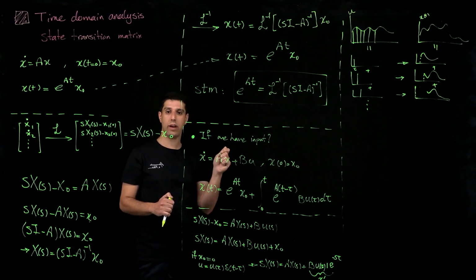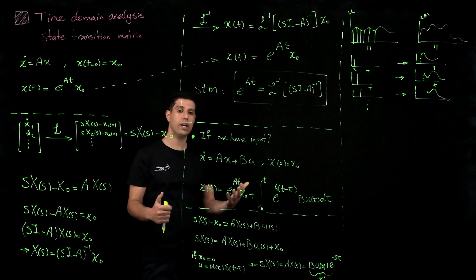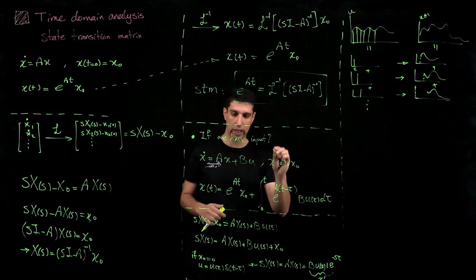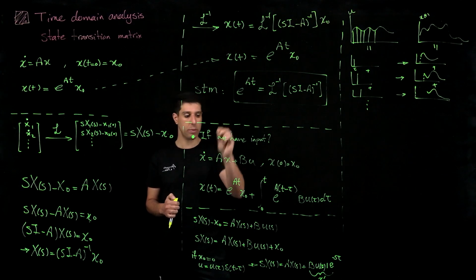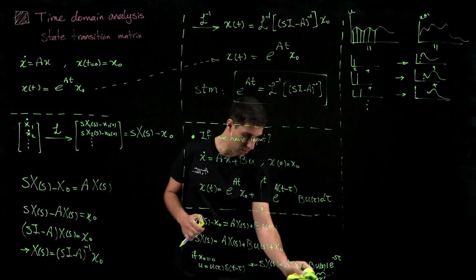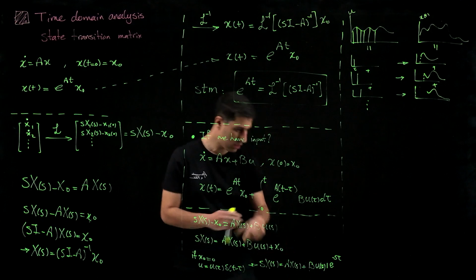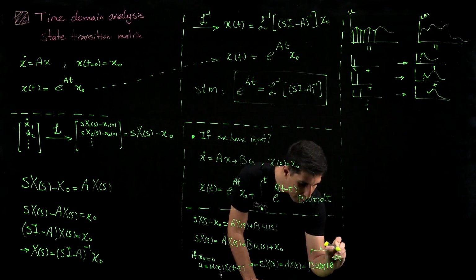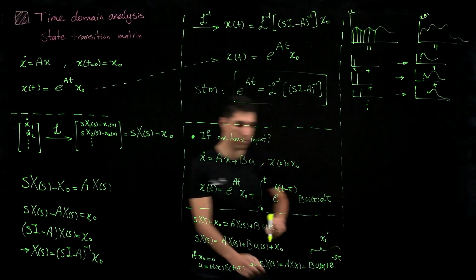So if you give your system an impulse, it is very equivalent to releasing the system from some initial condition, x naught prime.